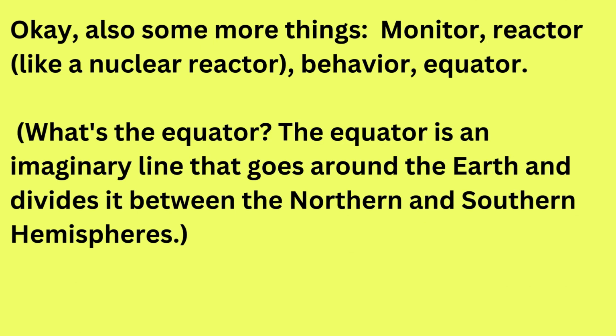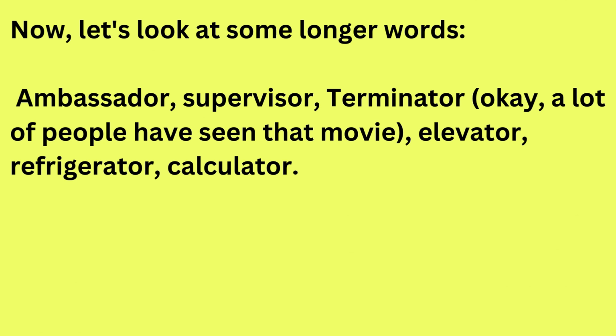Okay, also some more things. Monitor, reactor, like a nuclear reactor, behavior, equator. What's the equator? The equator is an imaginary line that goes around the Earth and divides it between the northern and southern hemispheres. Now, let's look at some longer words. Ambassador, supervisor, terminator.